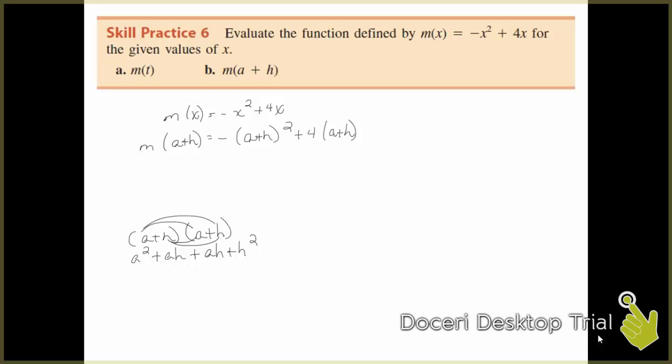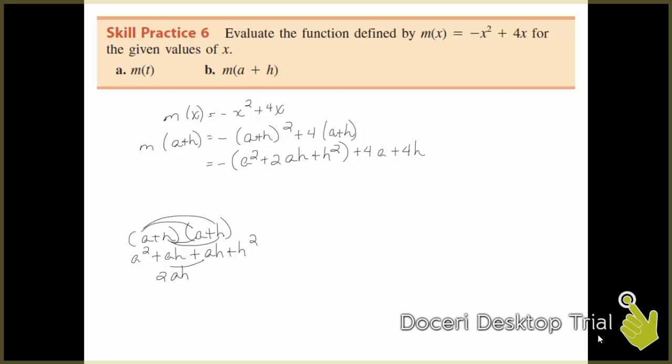So these are going to add up to be 2ah. So when we go back up to the top, we're going to have negative a squared plus 2ah plus h squared, plus 4a plus 4h.